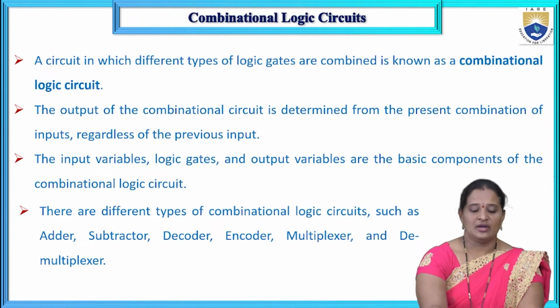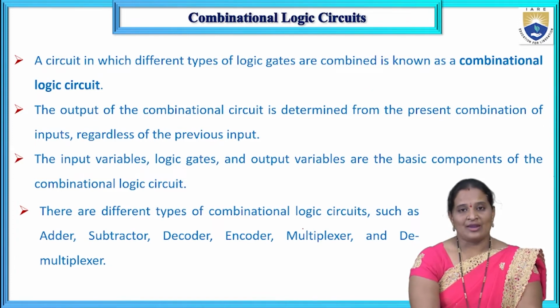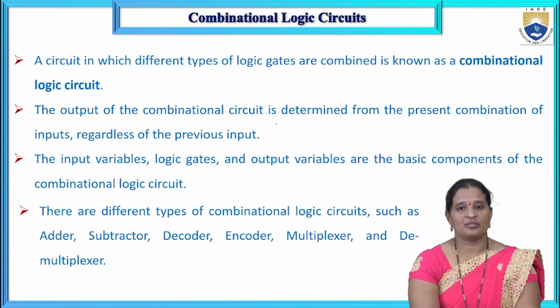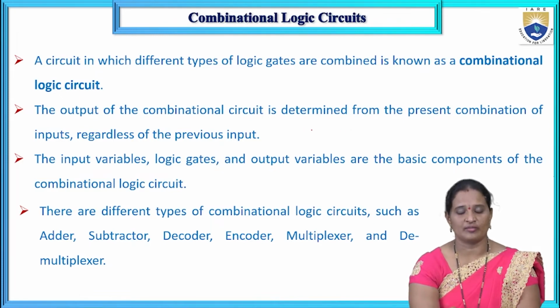A circuit in which different types of logic gates are connected is known as a combinational logic circuit. The output of a combinational circuit is determined from the present combination of inputs, regardless of the previous inputs and outputs.